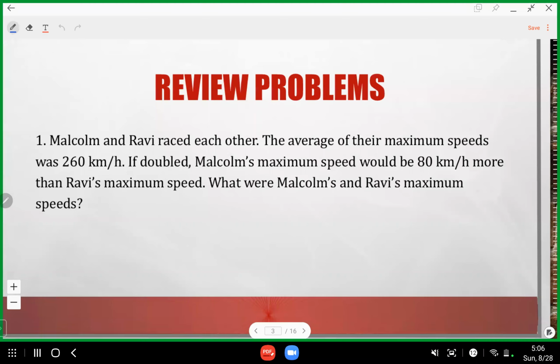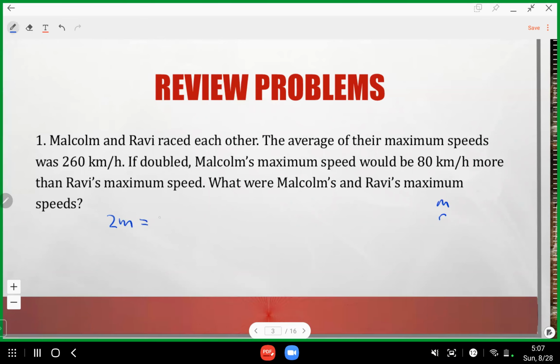All right. So let's say Malcolm is M and Ravi is R. Their maximum speeds would be 80. So if doubled, Malcolm's maximum speed, so let's double it. His maximum speed would be 80 more than Ravi's maximum speed. So we're actually not adding anything here.